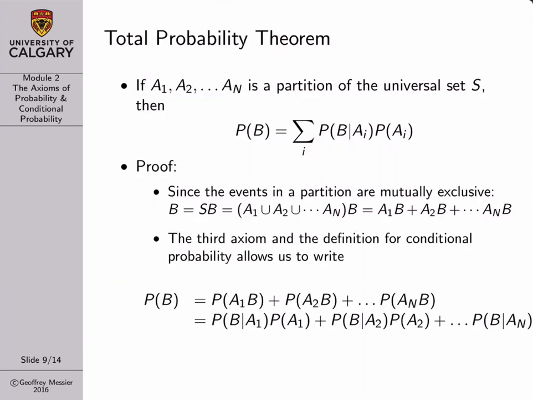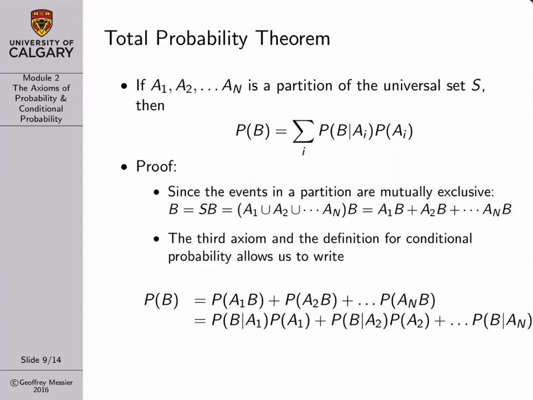So building on our understanding of conditional probability and also partitions, there is a concept called the total probability theorem that basically just adds another equation or relationship to our toolbox for solving probability problems.